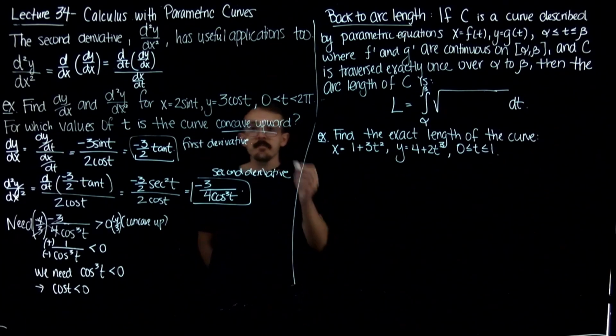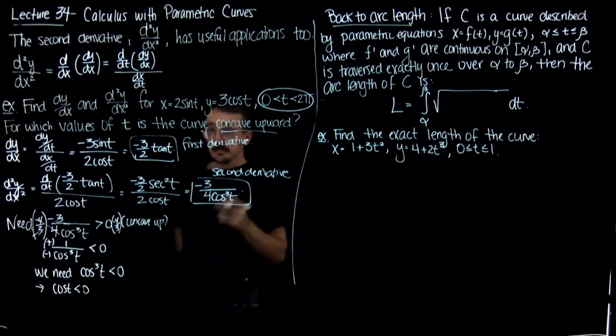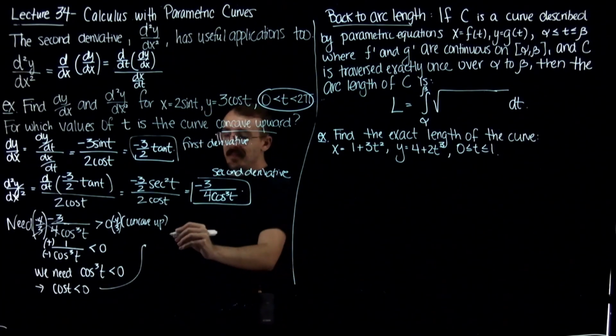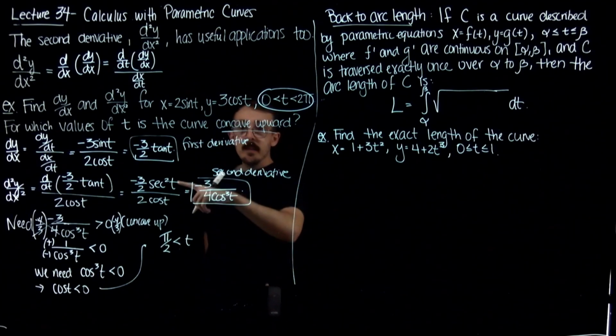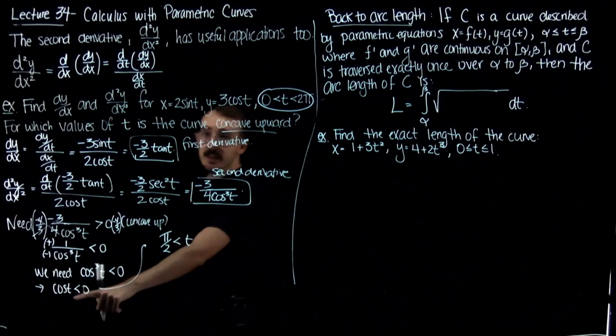We have to think of our unit circle on this interval right here. There are 2 quadrants where this is true. The first one is quadrant 2, when t is between pi over 2 and pi, and then continuing on in the third quadrant as well, cosine is negative.